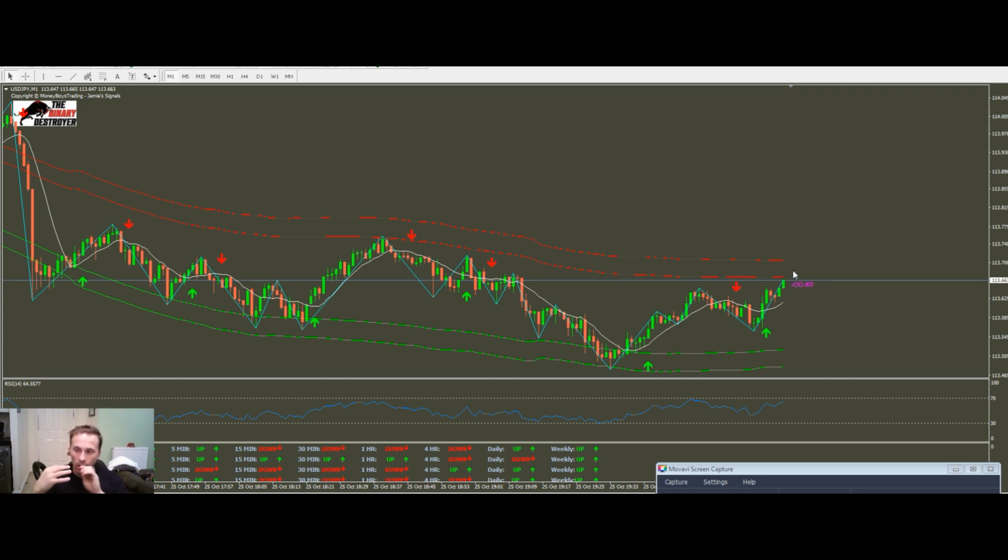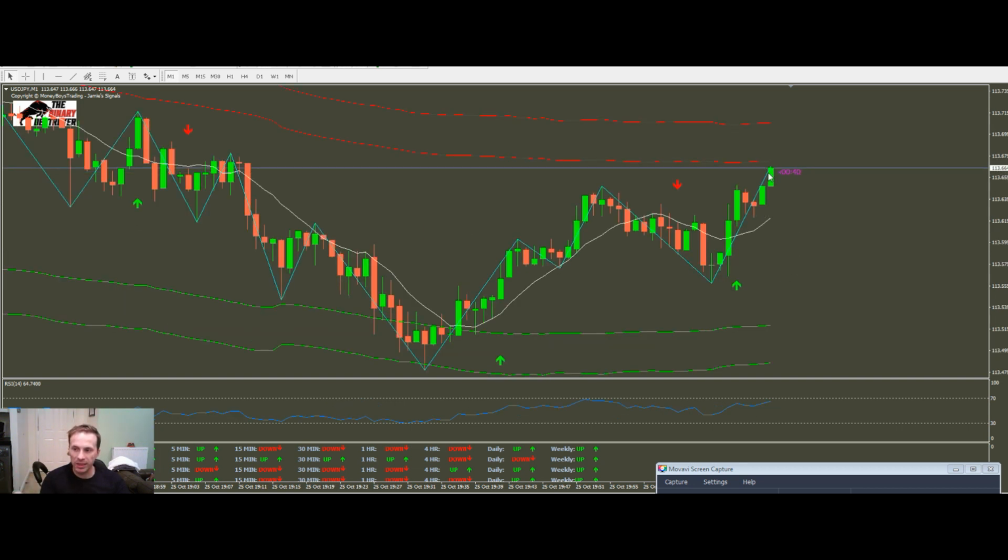Okay, now I'm going to watch this pair and see what it does. Does it go straight through the sell zone, or does it start getting rejected? If you zoom in now, okay, you'll see the price will touch that sell zone and then it will start going down. But you need to start waiting for a red signal arrow before you take a trade down.